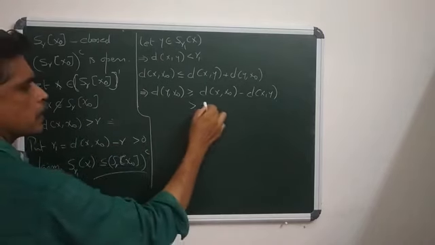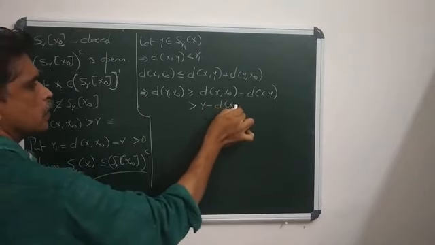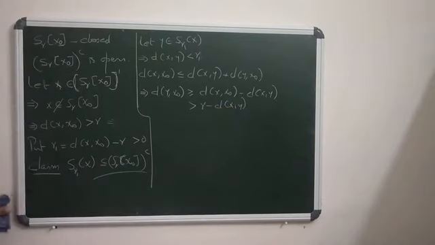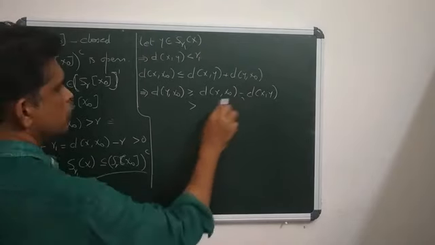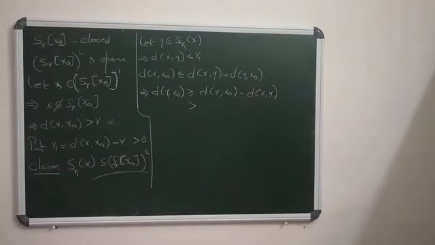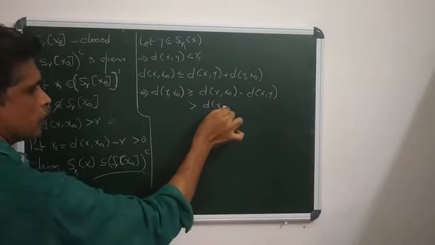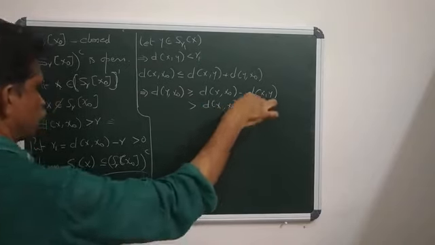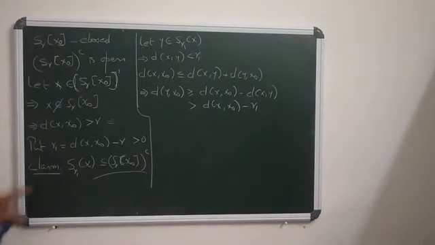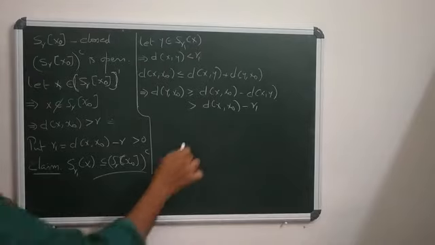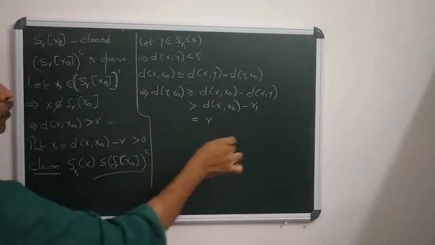So d(y, x0) is greater than or equal to d(x, x0) minus d(x, y), which is strictly greater than d(x, x0) minus r1. Okay, r1 means d(x, x0) minus r. So what about this one? This equals r itself.